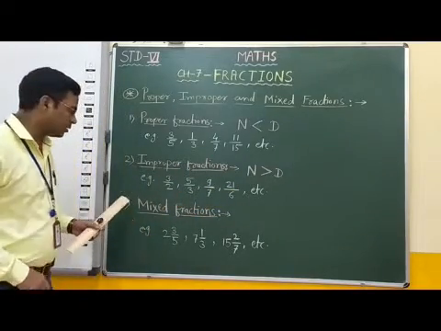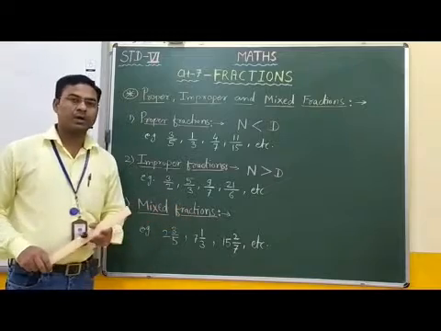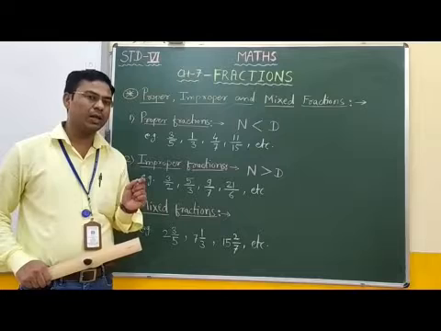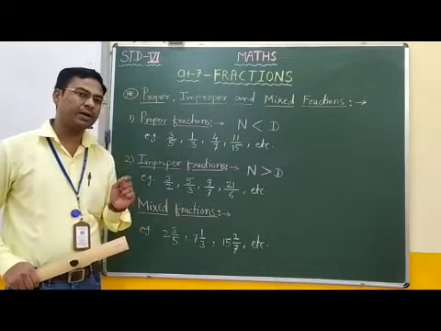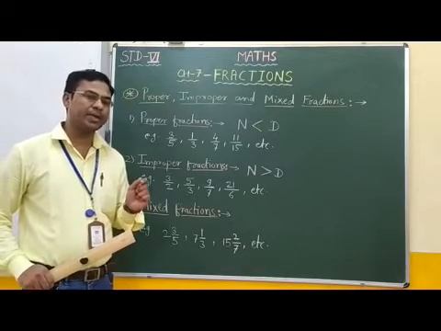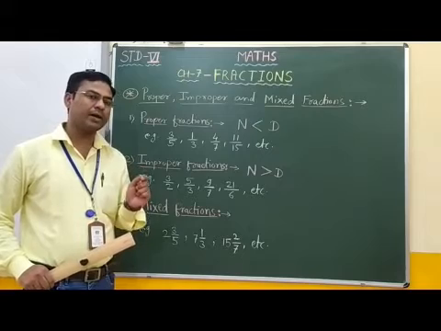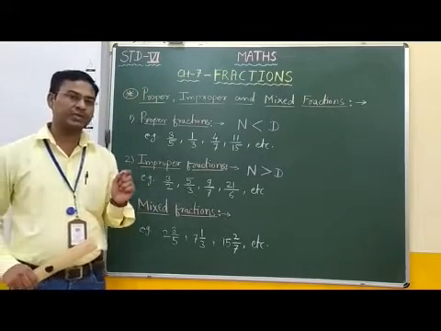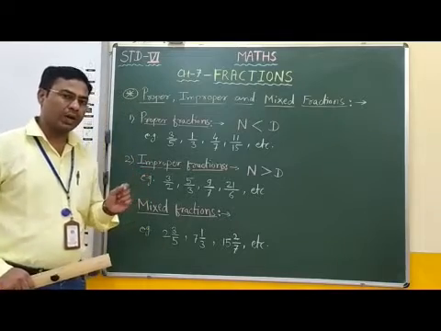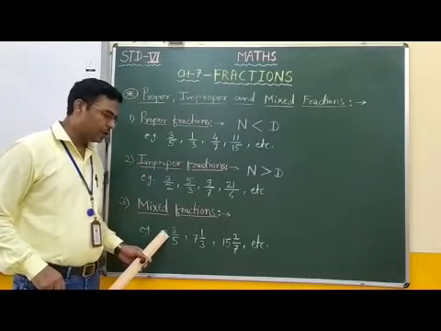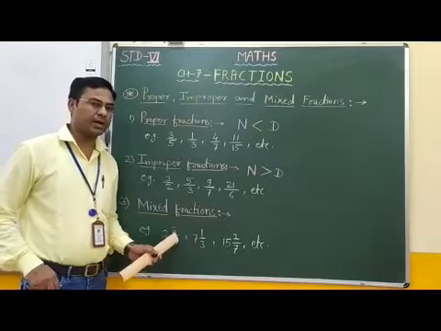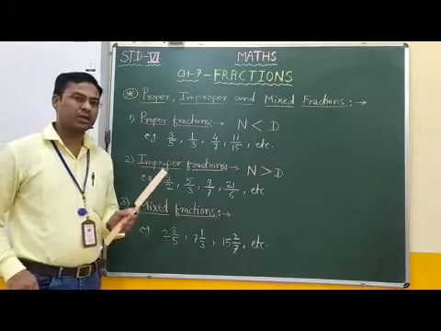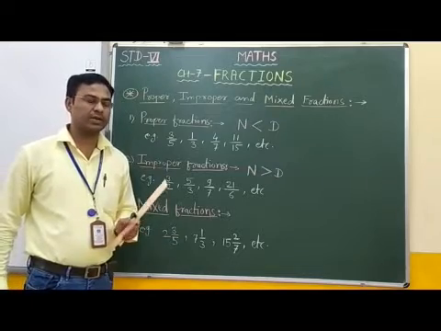Now next, mixed fractions. A mixed fraction has a combination of a whole and a part. In other words, in a mixed fraction, there is one whole number and another fraction number, and the combination of these two numbers is called a mixed fraction.